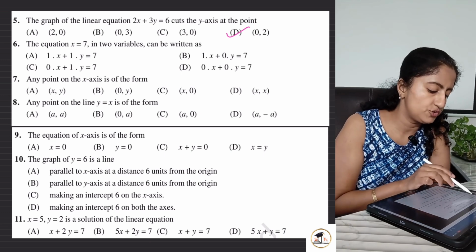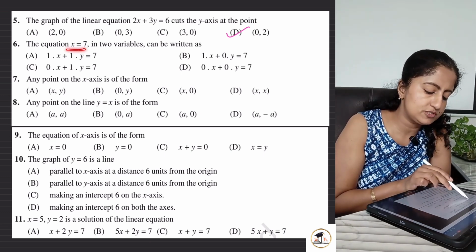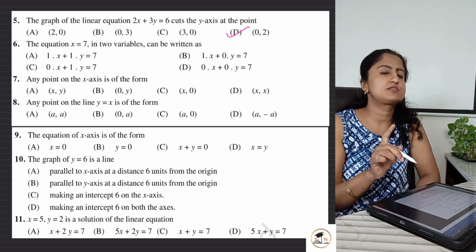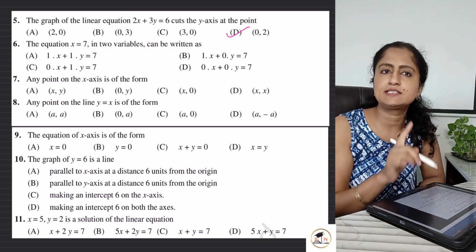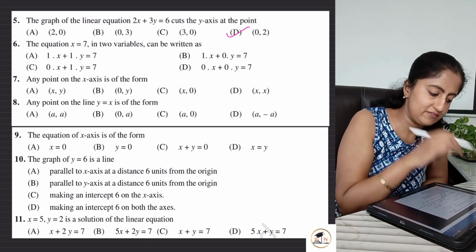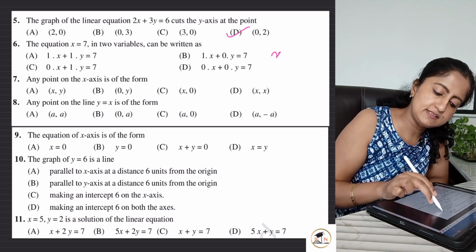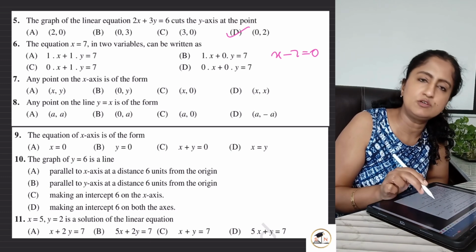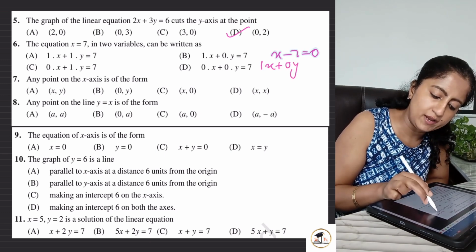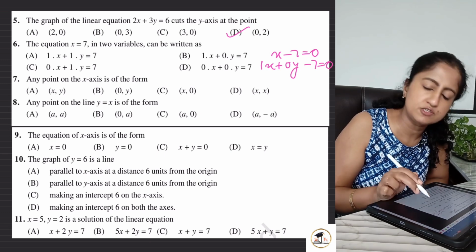Now, sixth question. The equation x equals 7 in 2 variables can be written as. Okay, x equals 7 का क्या मतलब है? It is x minus 7 equals 0, right? We have 1x plus 0y minus 7 equals 0.